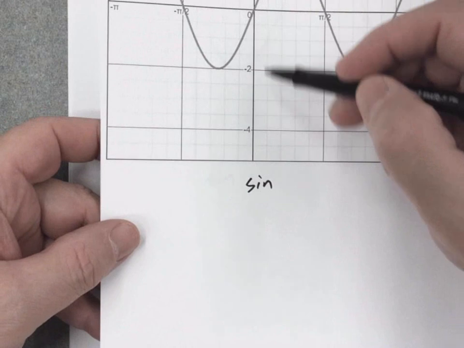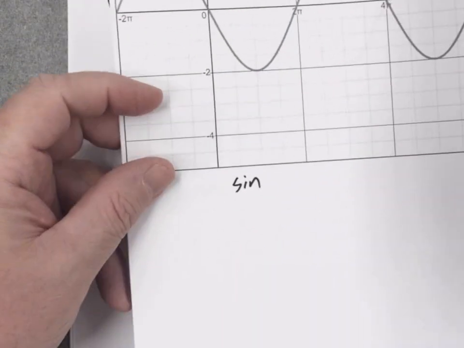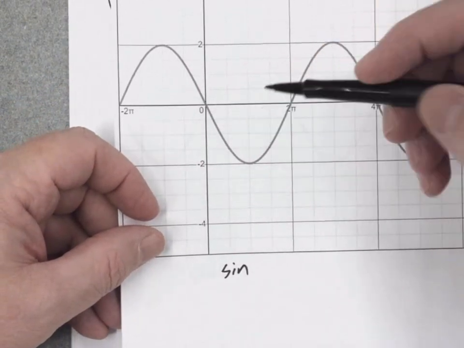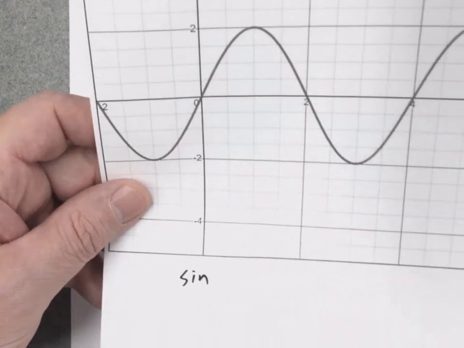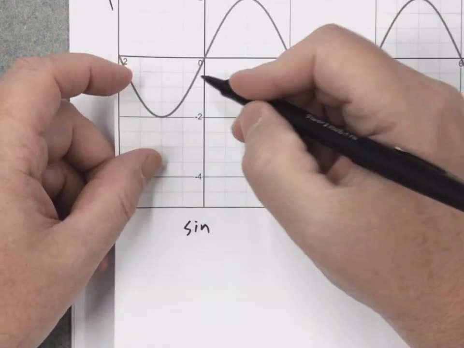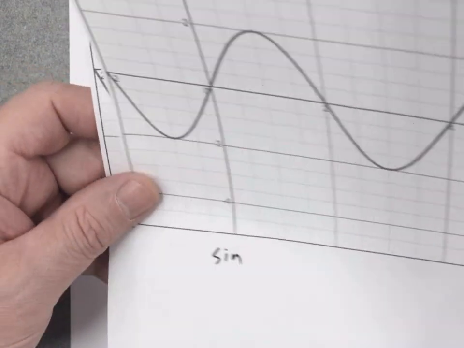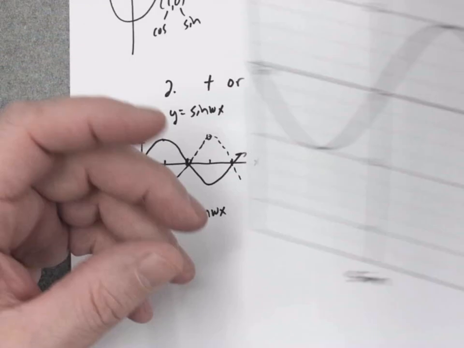At 0, it's going up, so it's a positive sine. Look at this one. What happens at angle 0? It's going down. This has to be a negative sine. What happens to this one? It's going up. It's a positive sine. And this one? It's going up. It's a positive sine.